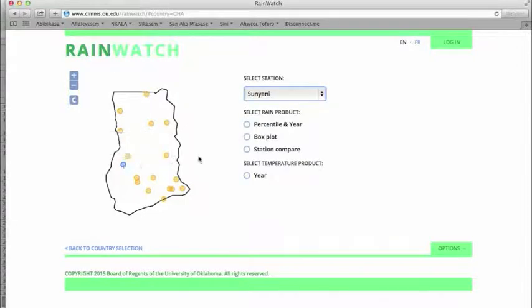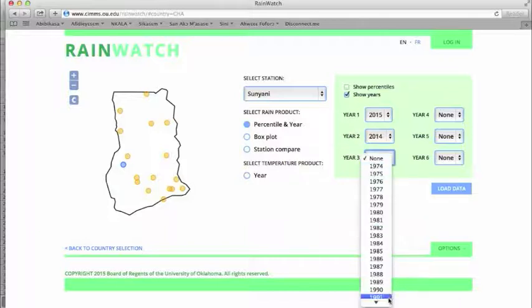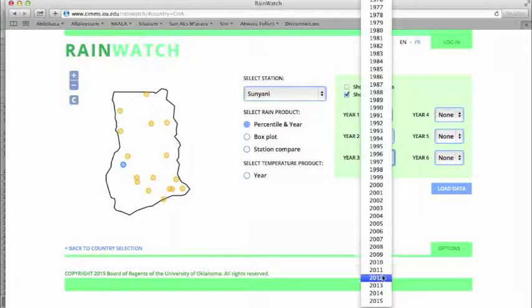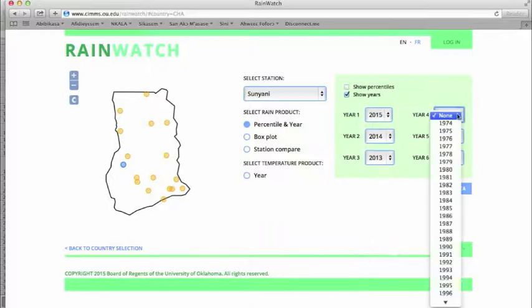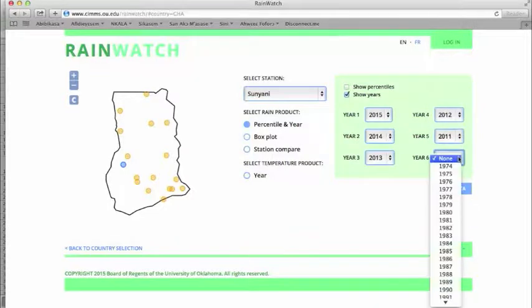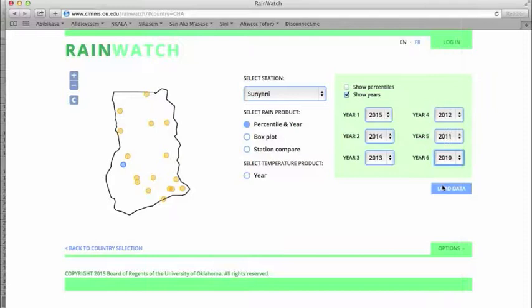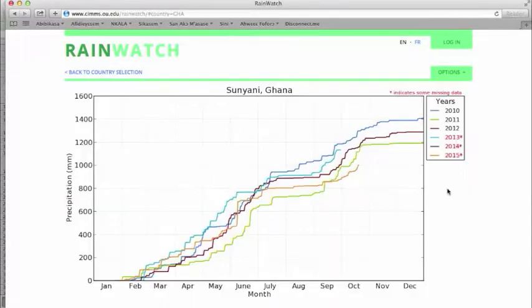So we click here, and I want to look at percentile and year data, and let's just go back a few years, so 2014, 2013, 2012, 2011, and 2010. So we're going to look at the cumulative rainfall for those years and see what we get.